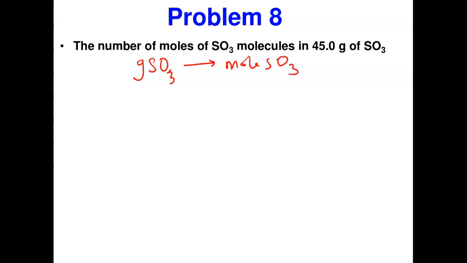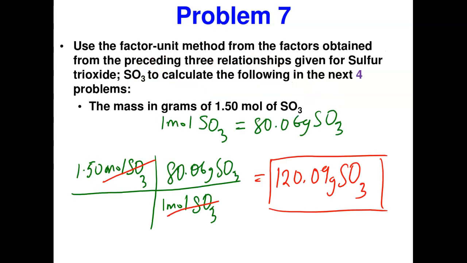Again, we need a relationship between them. Of course, 1 mole of sulfur trioxide, this is the conversion, weighs this mass. This is the same that was used in the previous problem. The difference is that in the preceding problem we looked for the mass, and here we're looking for the mole.